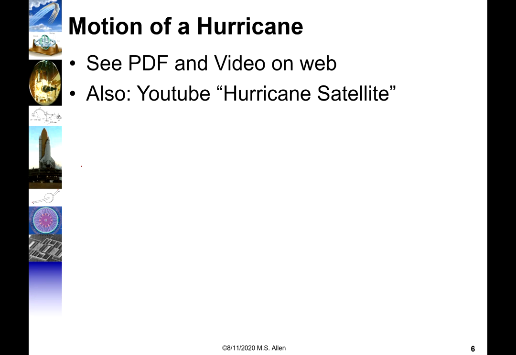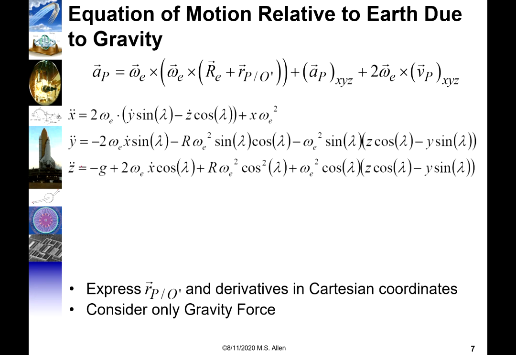Okay, so that covers just about everything. If we were to go through a similar activity, looking at the equation of motion of a particle relative to the Earth, but we cancel that buoyant force so that we have gravity to worry about, we could solve this differential equation. So here, x, y, and z are relative to the Earth.